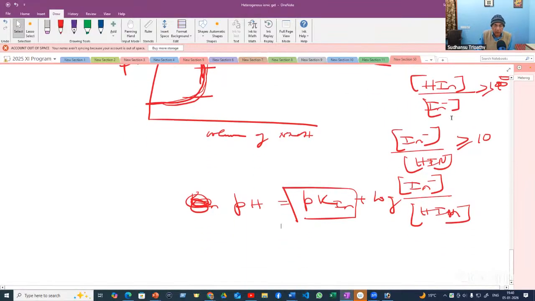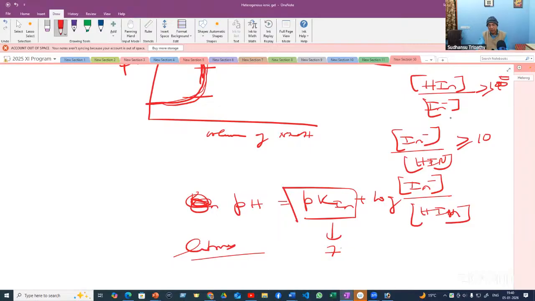So for litmus, as you know, this pKIn is very coincidentally 7. And if we put 10 by 1, so how much will it be? It is 8 when this is 10 by 1.